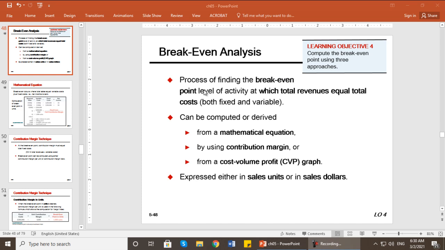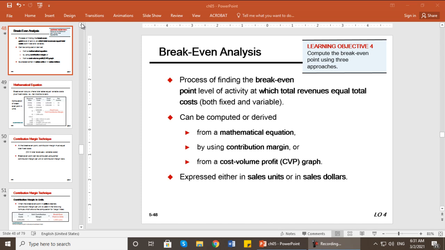عند break-even point بيكون عندي total revenue equal total cost. Total cost مقصود بها كل من both fixed and variable cost. In other words, when net income equals 0, here's the break-even point.